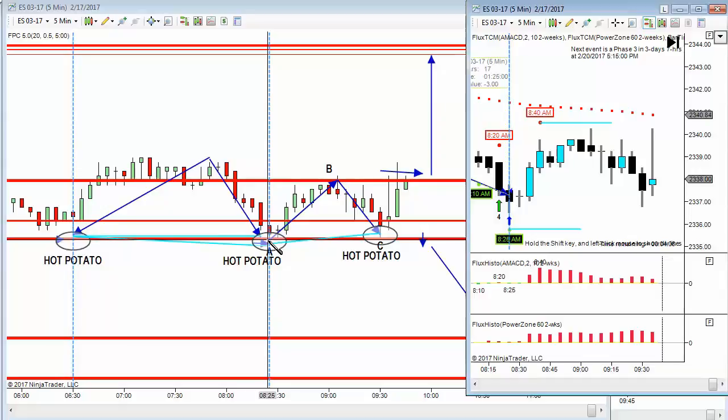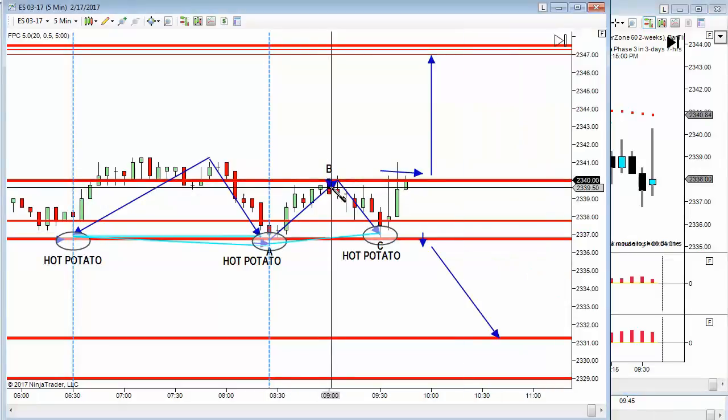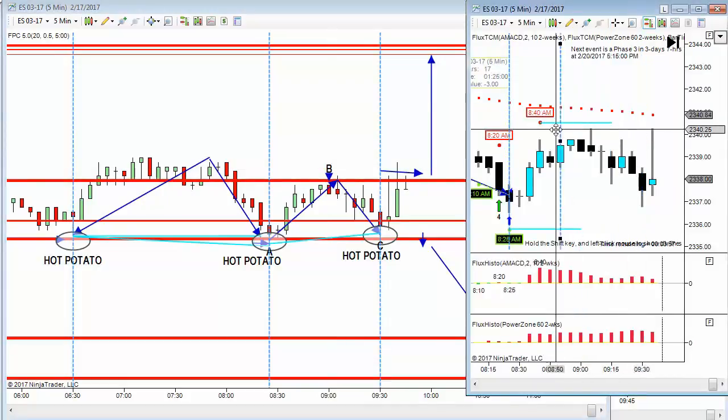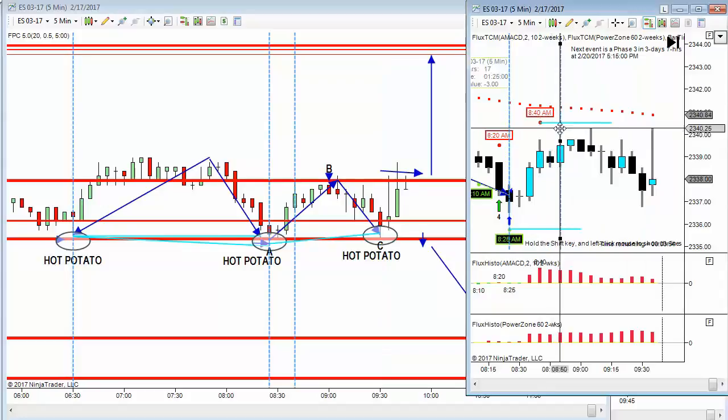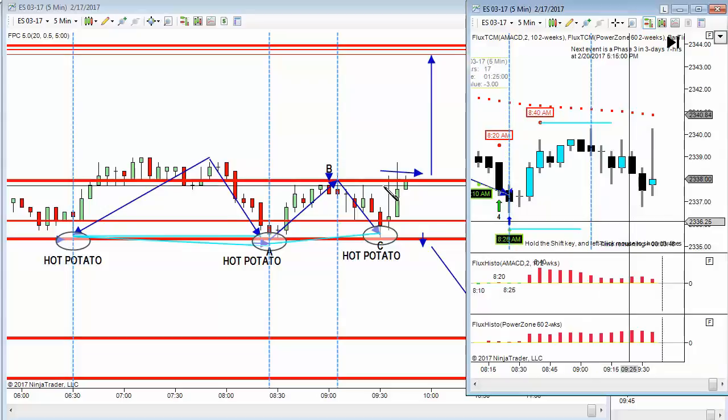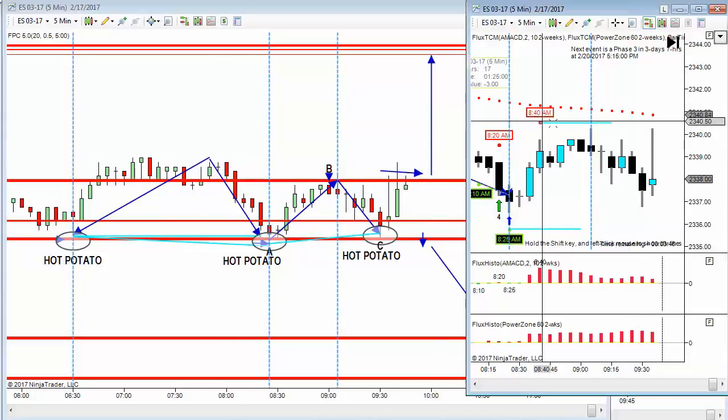How far did we have for the trade to work? Until the next resistance line right here, right? B. Well, where is B? B is up here. So we had until 8:40 or 23:40 half.